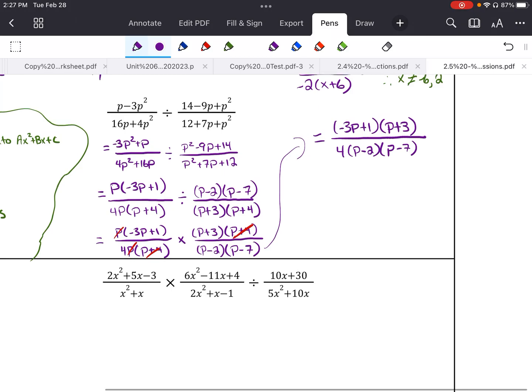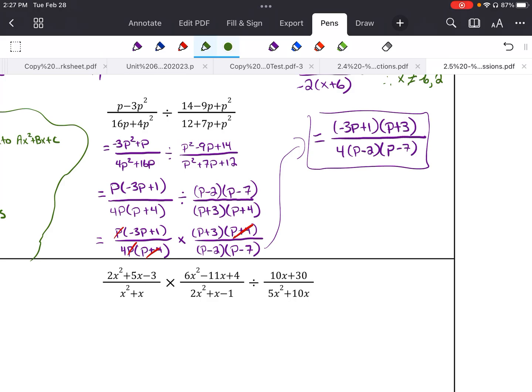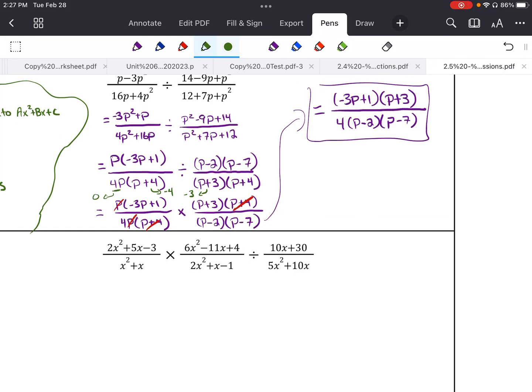Okay, we look for all of our restrictions, so that's the final simplified answer. Our restrictions, we have 0, negative 4, negative 3, and then once we flipped it, we have positive 2 and positive 7.